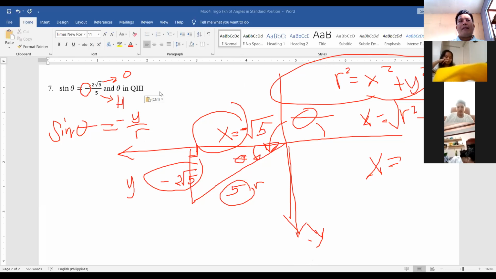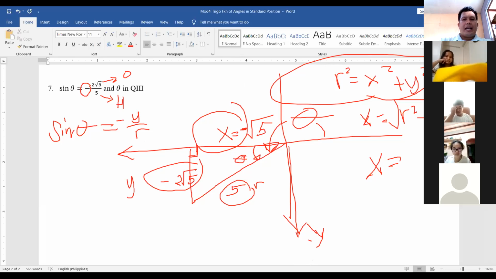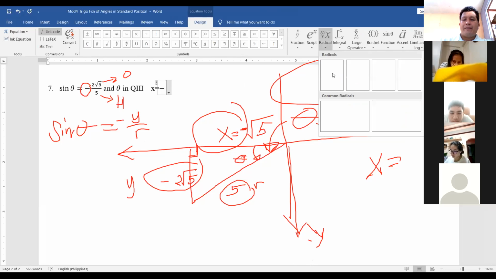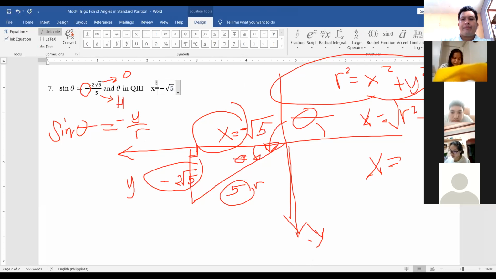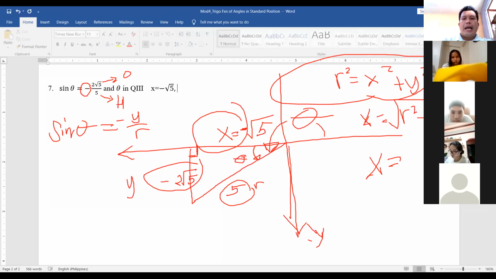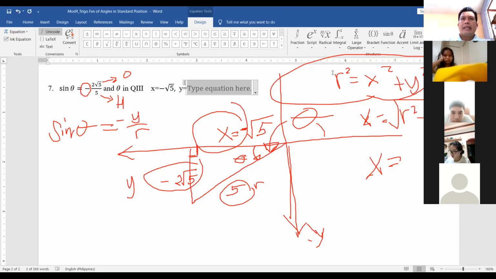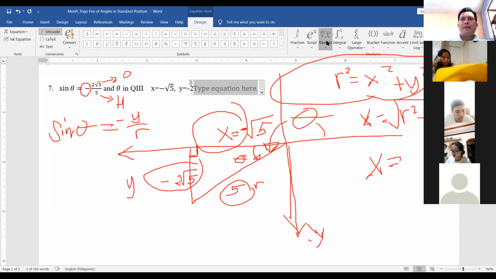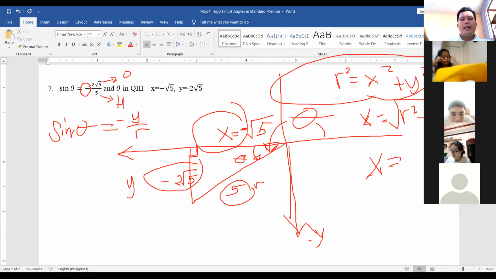So with that, we now have the values: x is equal to negative square root of 5, y is equal to negative 2 square root of 5, with r equal to 5.